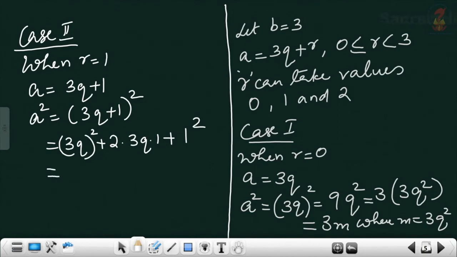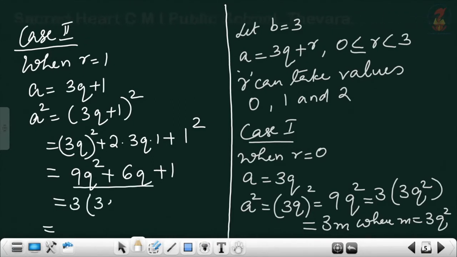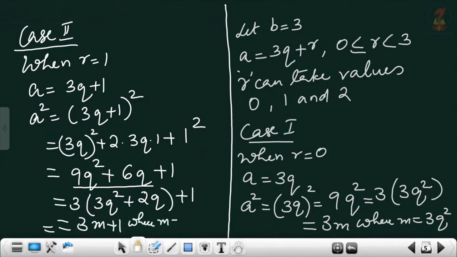So, we can write this as 9q square plus 6q plus 1. Take 3 out. So, it is 3 into 3q square plus 2q, plus 1, which is equal to 3m plus 1, where m is equal to 3q square plus 2q.